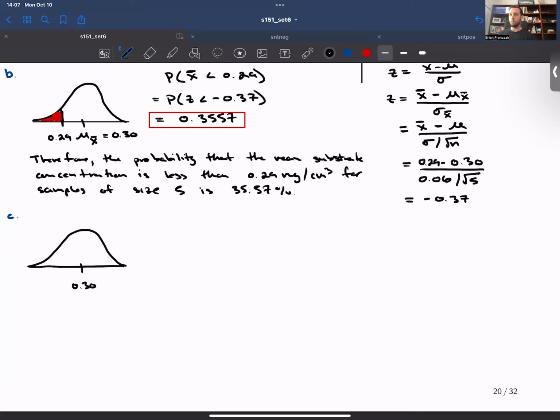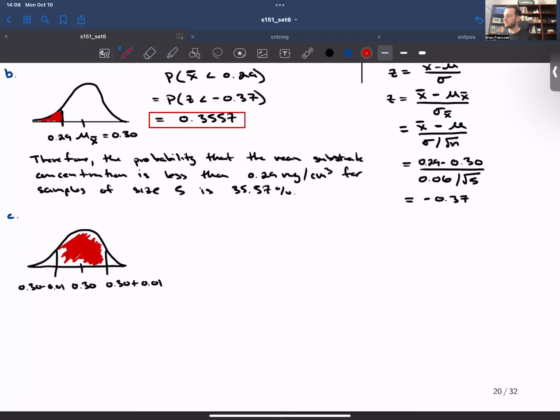This question is asking what proportion of the area under the curve is within 0.01 of the mean. So if we sketch two points, this is 0.3 plus 0.01, and this is 0.3 minus 0.01. What we want is this whole chunk right here.